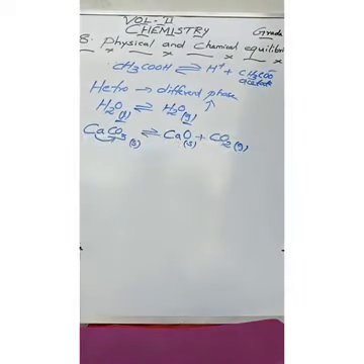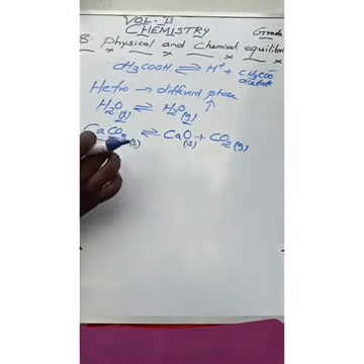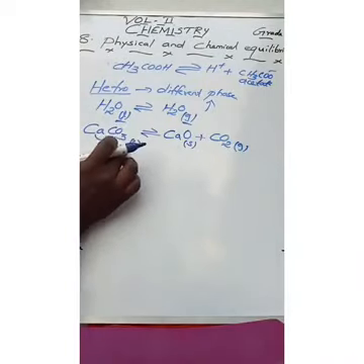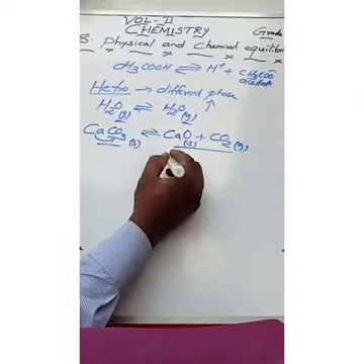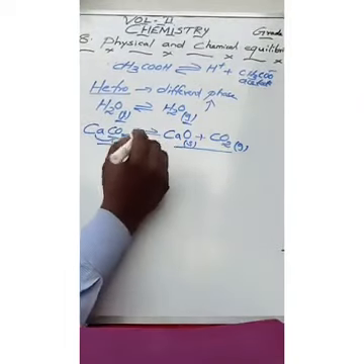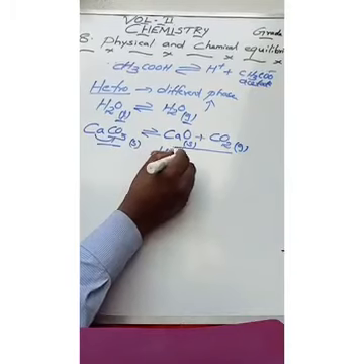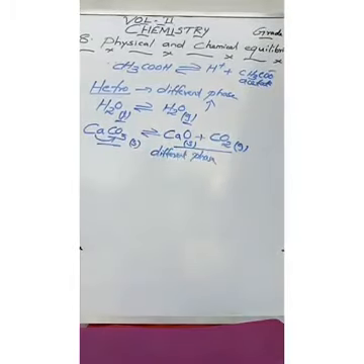So what is the definition of a heterogeneous equilibrium? If the reactants and the products of a reaction in equilibrium are in different phases, then it is called heterogeneous equilibrium. Very, very important question. Try to understand the concept.